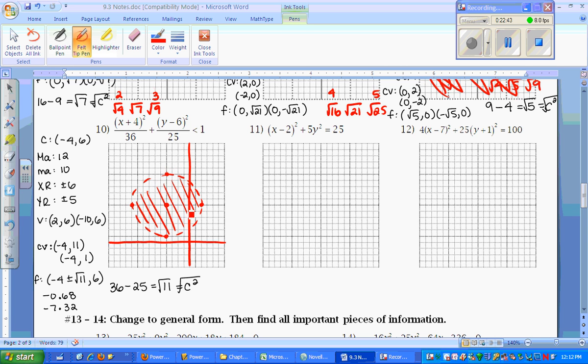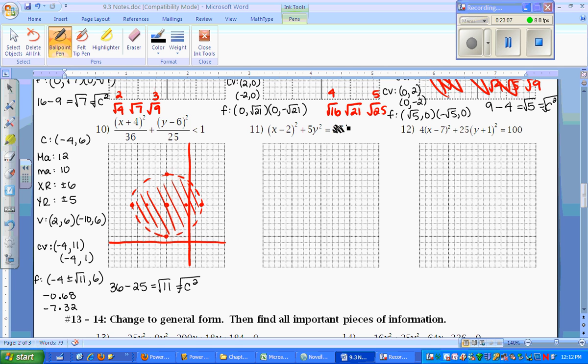But if I go negative 0.68, right about here, and negative 1, 2, 3, 4, 5, 6, 7.32, right about here. And if you did it right, they should look equidistant from the center and from your vertices, and they do.